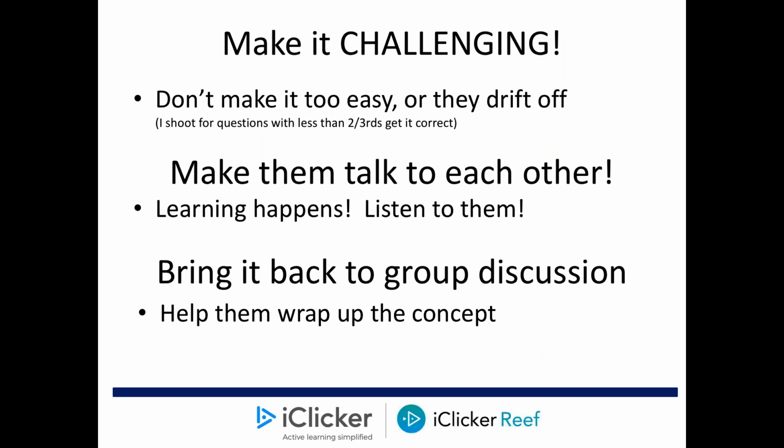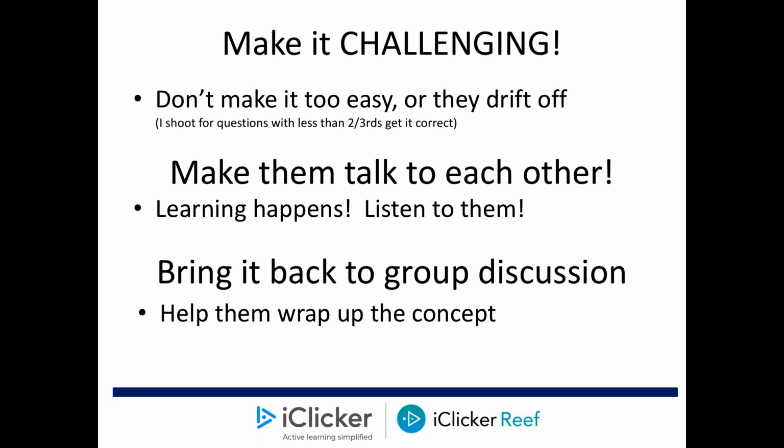Now, a couple of things, make it challenging. I always like to have questions that are somewhere between 60 to 70% correct. If it's too hard, obviously you have to do something different, that just-in-time teaching. If it's too easy, it's just like, yeah, they're done, and then they start talking about something else completely right off the bat.